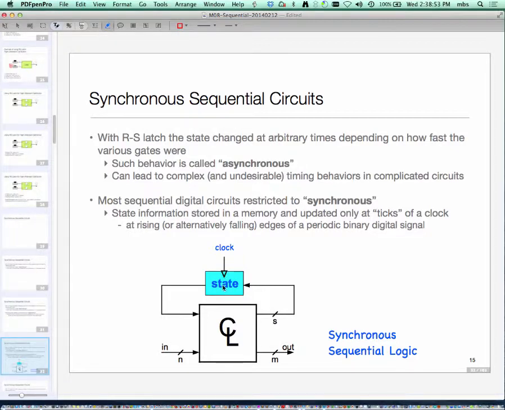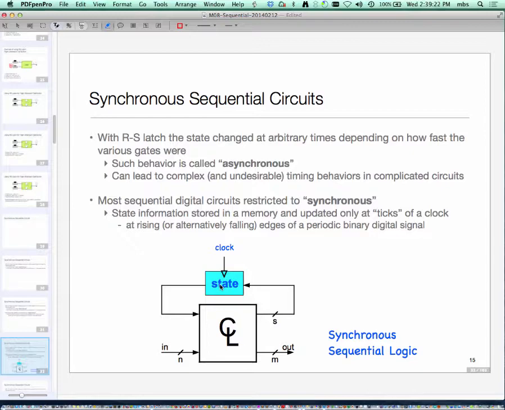The idea is that this is a memory cell which holds its value, except whenever there is a rising edge on this clock line, at that time it will look at its input, and whatever is on the input, it will store it. It's almost like whenever a light flashes, you look at something and write it down into a memory. From that point on, you're working with that. Next time the light flashes, you're going to do it again.